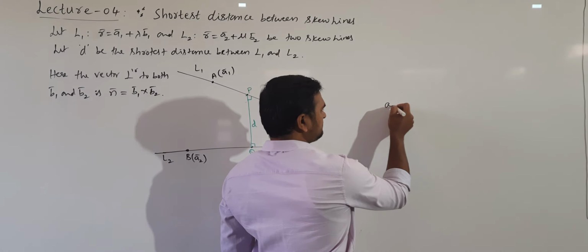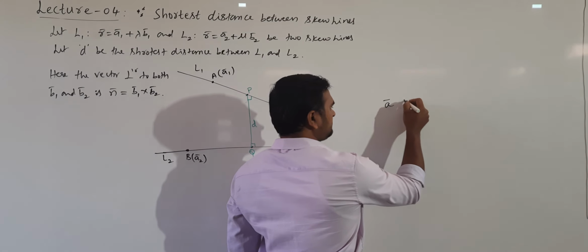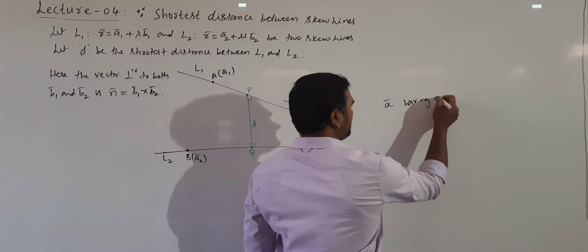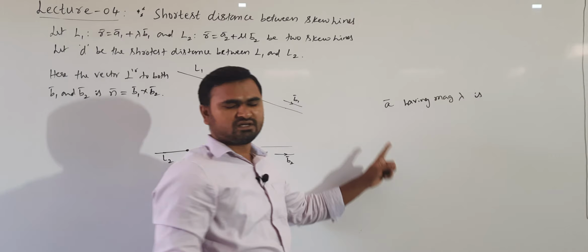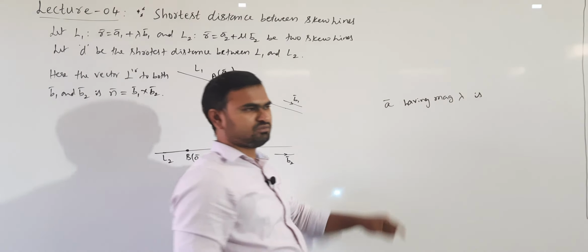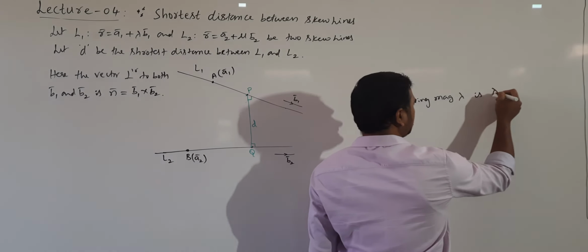Again, this concept we studied in vectors. A vector in the direction of a bar having magnitude lambda is lambda times a cap.